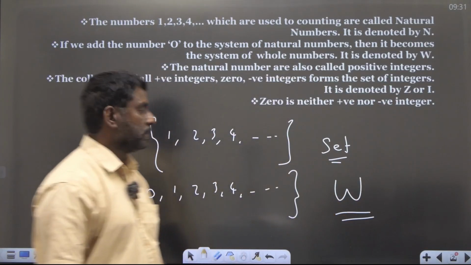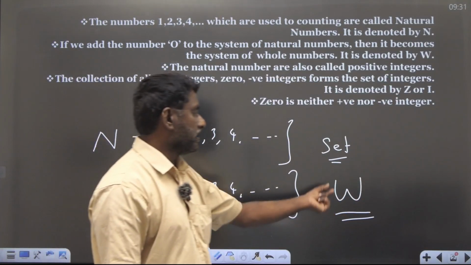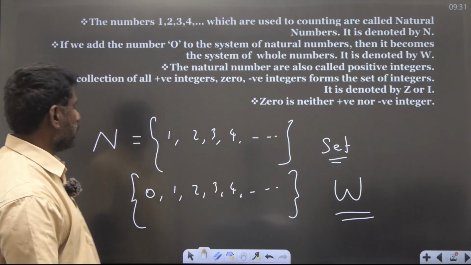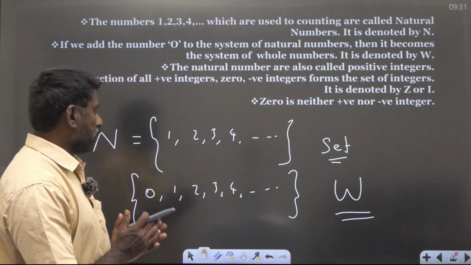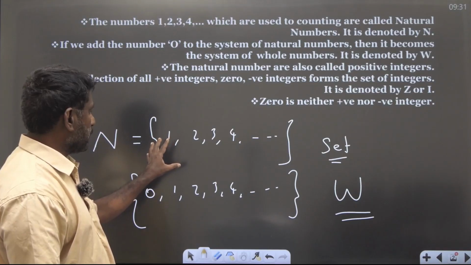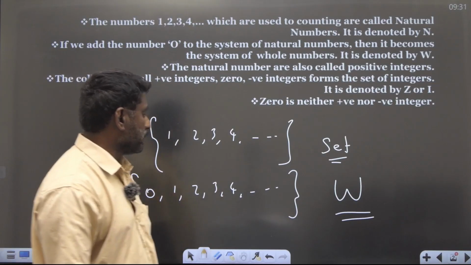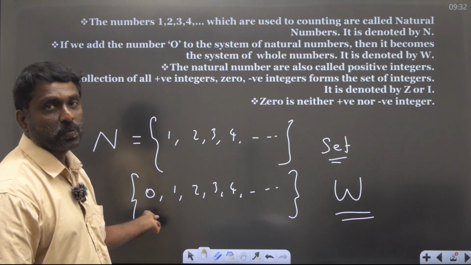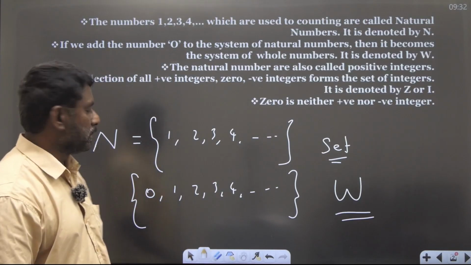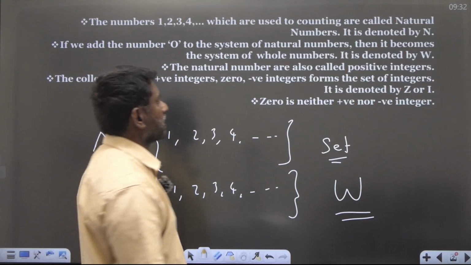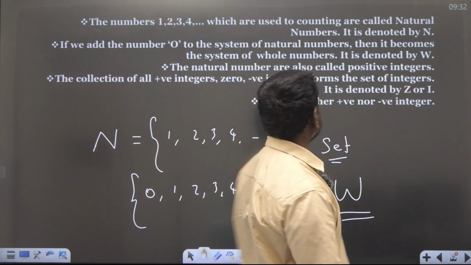It is usually denoted by W. What is a whole number? The complete elements of natural numbers plus 0. One more digit, 0. This is called a whole number.